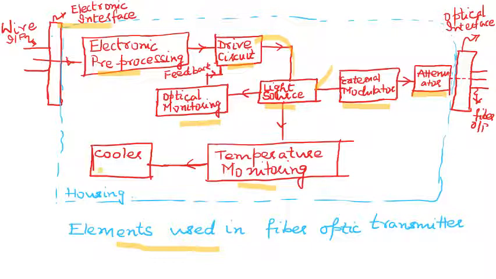So, we require cooler to maintain constant temperature. Finally, we have an optical interface which interfaces the optical signal, that is, couples it into the fiber. All these elements are encased in a special chamber known as housing.